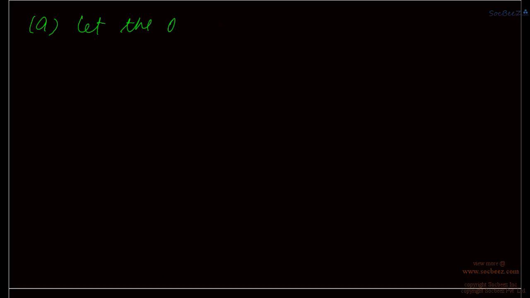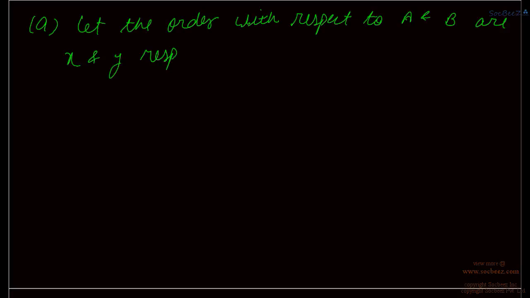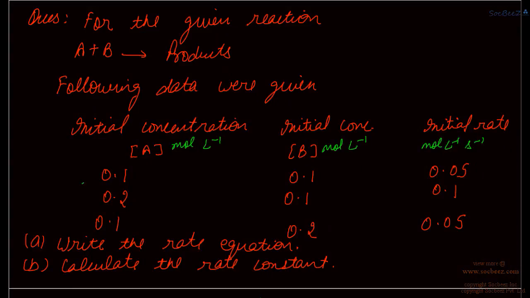Now let the order with respect to A and B be x and y respectively. So therefore rate equals k, that's the rate constant, into A to the power x into B to the power y.